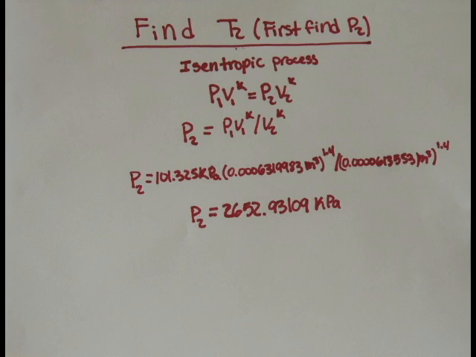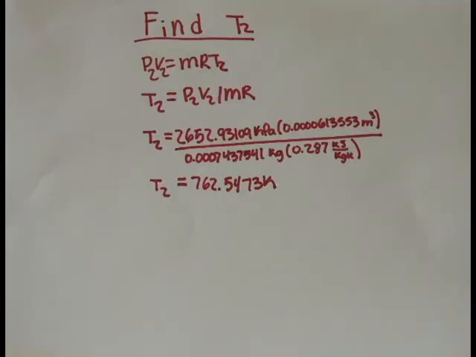Using this relationship, we can find the value for P2. We can then use the ideal gas relationship PV equals mRT to solve for T2, since now we have all the values we need. T2 ends up being 762.53 Kelvin.